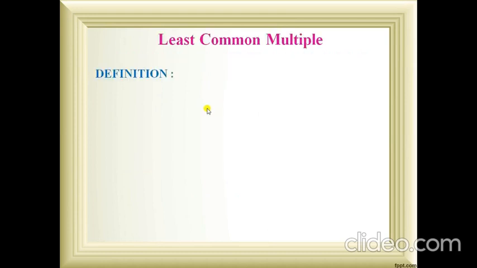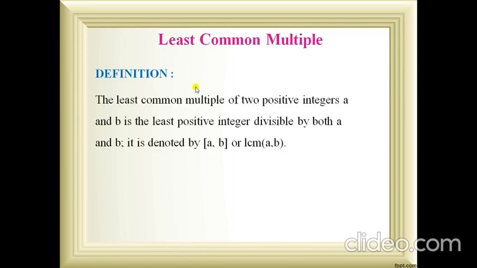So in this lecture, we are going to discuss the least common multiple, that is nothing but LCM. Definition: the least common multiple of two positive integers A and B is the least positive integer divisible by both A and B. In the GCD, we are taking the maximum, the highest divisor is the GCD.